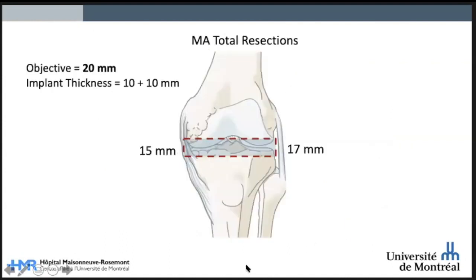What happens if we add the medial and lateral resections? In most cases, we create gaps that are too small. In this case, 15 millimeter medially and 17 laterally, with an objective that was 20 millimeters.